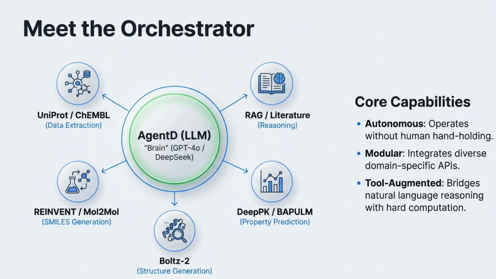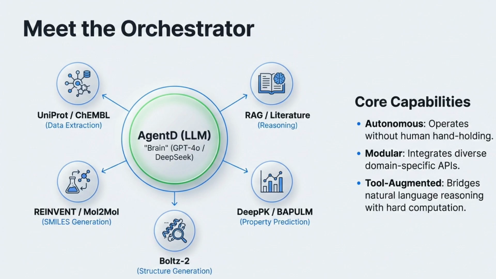The pipeline begins with the data extraction stage. In this phase, AgentD retrieves critical information from both structured databases and unstructured web sources. For a given protein disease context, it identifies known drugs when available and collects protein FASTA sequences from UniProt as well as SMILES representations of known compounds from the Chem database.